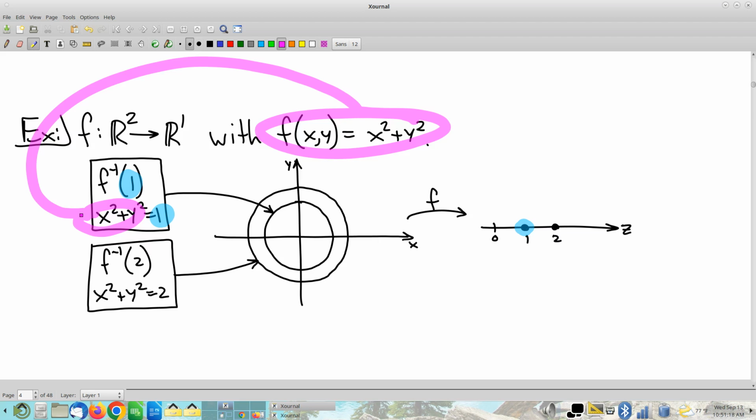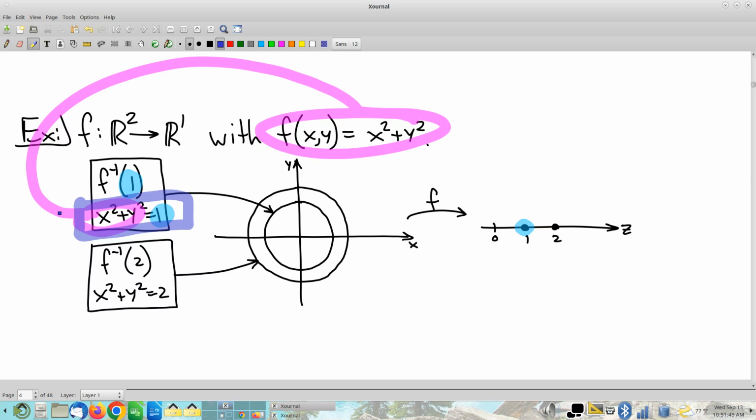And notice what that means is I've written down an equation, x squared plus y squared equals 1. So algebraically, the question of what is this pre-image, what is this level set, is what is the set of solutions to this equation, x squared plus y squared equals 1?